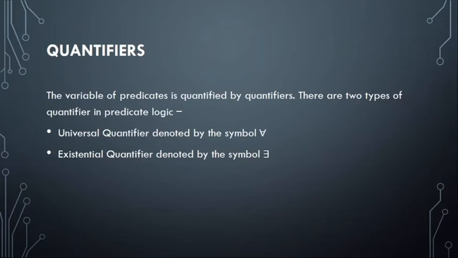The two types of quantifiers are the universal quantifier, denoted by the symbol inverted A, and the existential quantifier, denoted by an inverted E. So, two types of quantifiers: the universal and the existential.